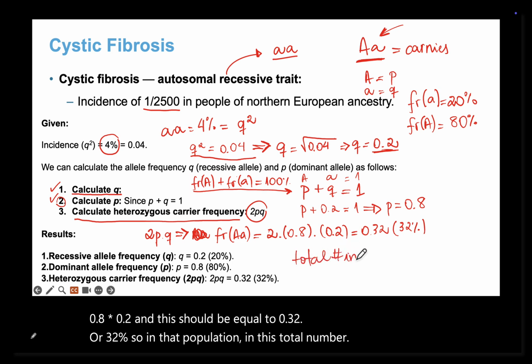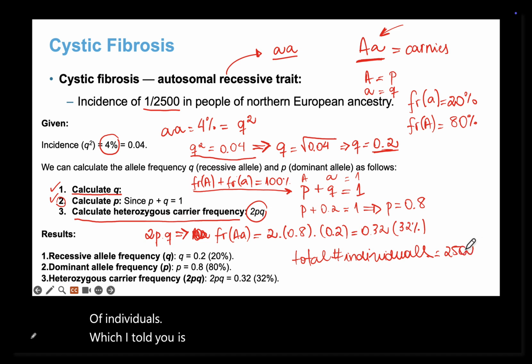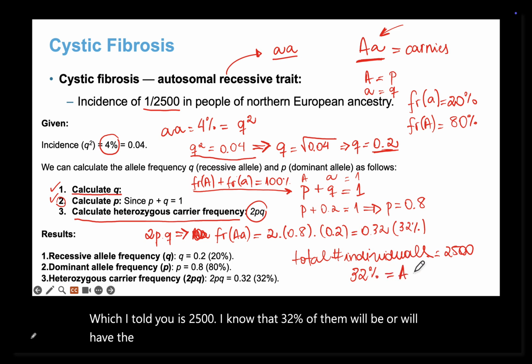So in that population, in this total number of individuals, which I told you is 2,500, I know that 32% of them will have the genotype heterozygous like this.